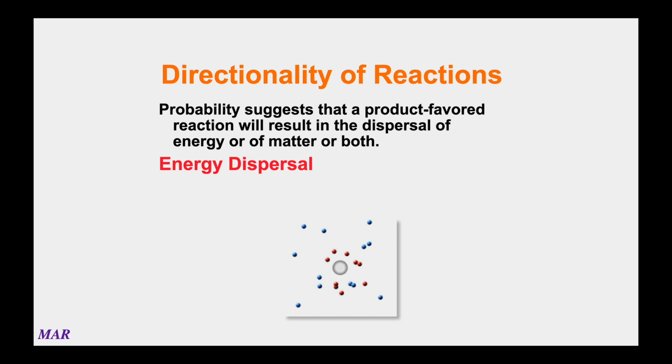There's an energy dispersal quality to eating as well, all right? Energy comes to our bodies from the foods we eat. So energy dispersal, eating gummy bears, is another way to tell if a reaction is spontaneous or not. It's not just about matter dispersal, it's also about energy dispersal.